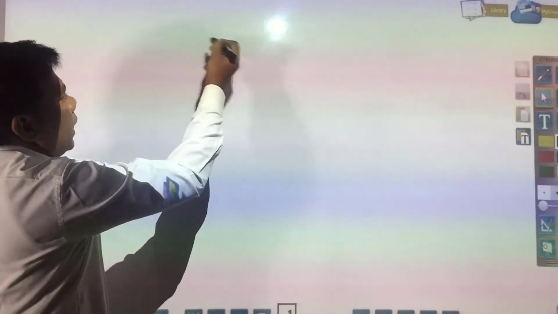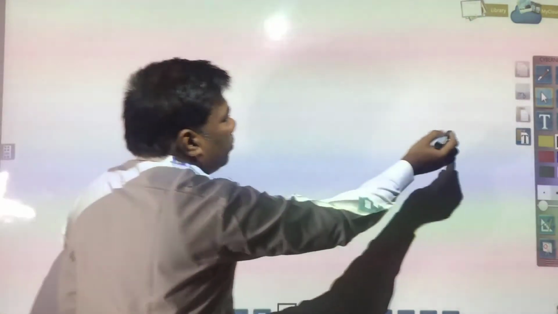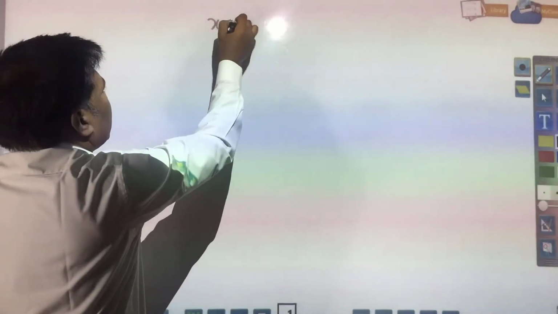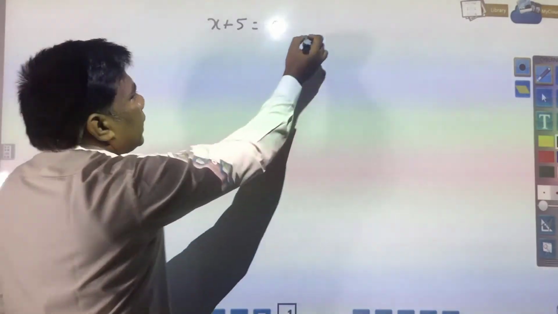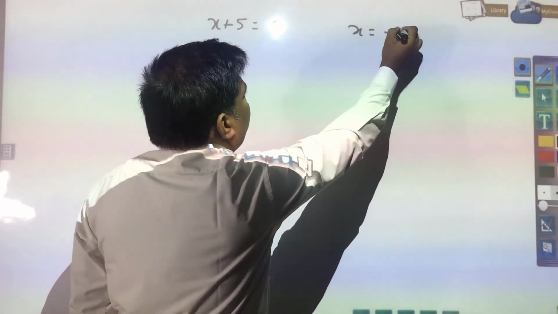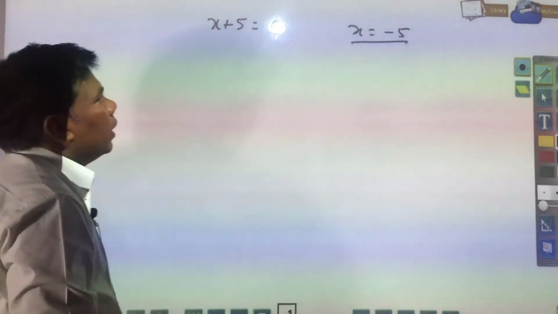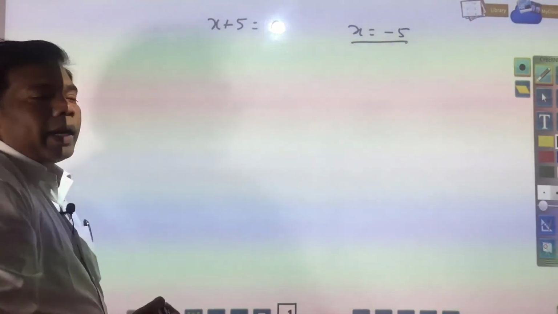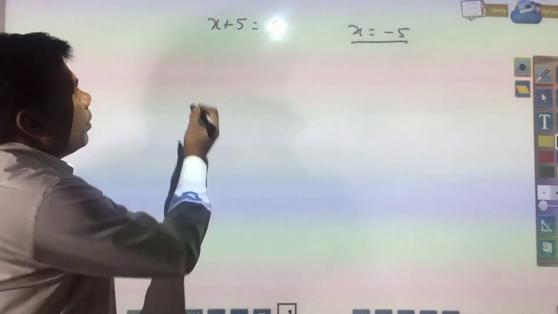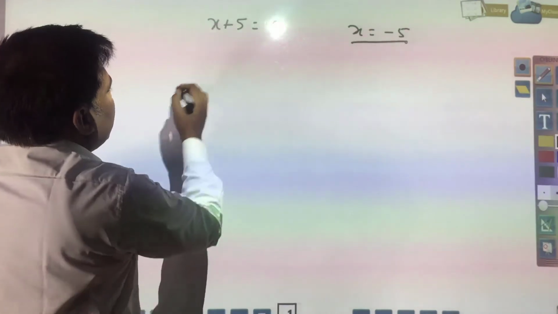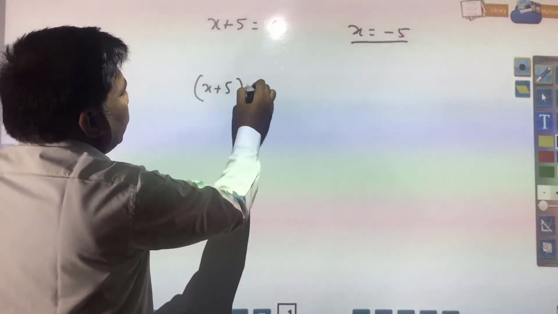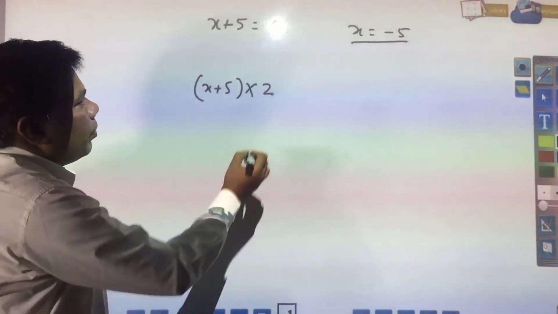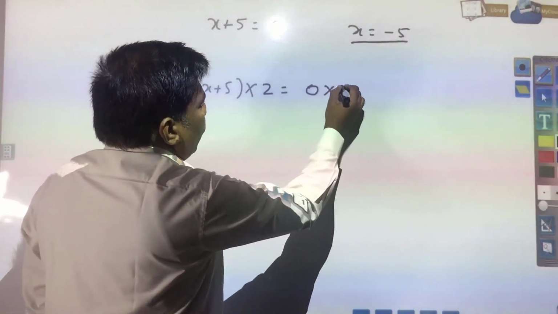Suppose any equation, again the same equation you take. Suppose we have x plus 5 is equal to 0. In this case, x is equal to minus 5. This is your answer. When we are multiplying by the same number on both sides, suppose by 2 we are multiplying both sides of x plus 5. What we will get?